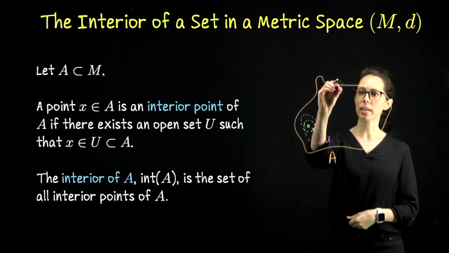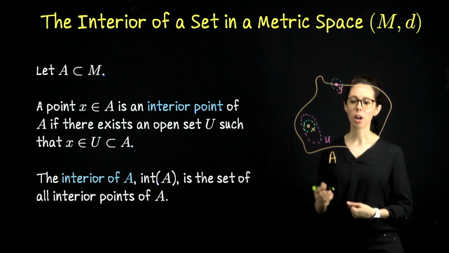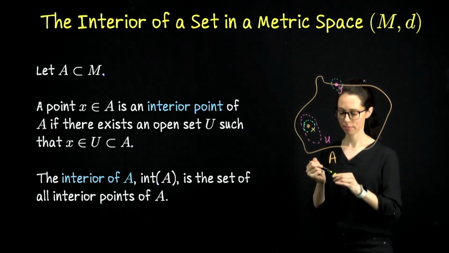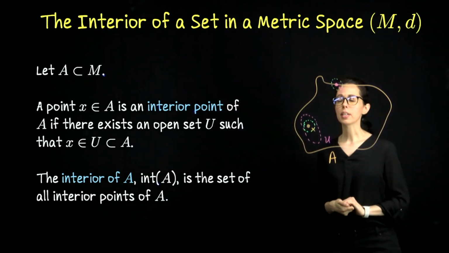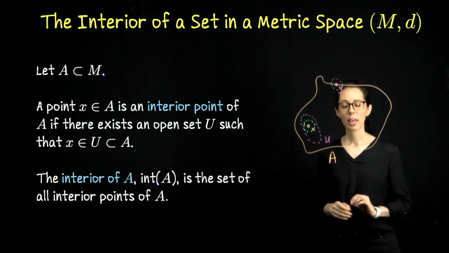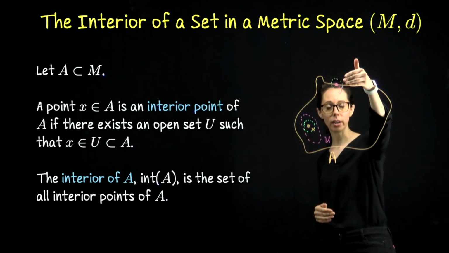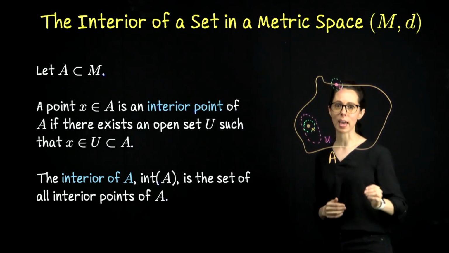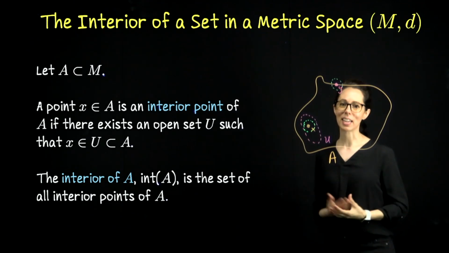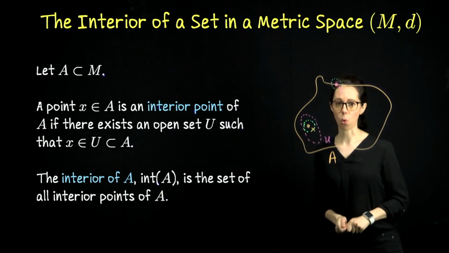And no matter how I try to sketch open sets around it, I can't find one in my picture which stays inside of A. Okay, so notice in this definition that we're saying there exists an open set U. It's not enough for me to say this open set doesn't work. I would have to argue that no open set contains Y and stays inside of A.